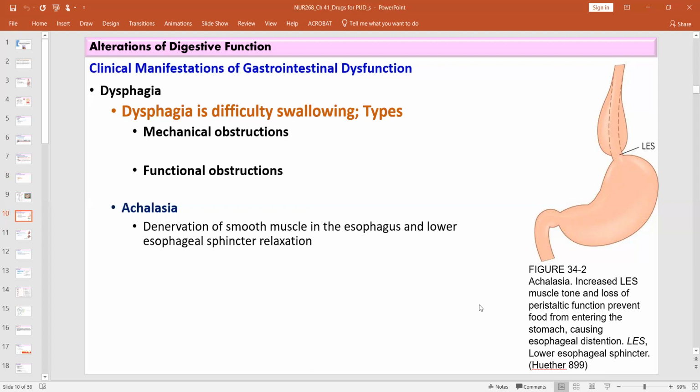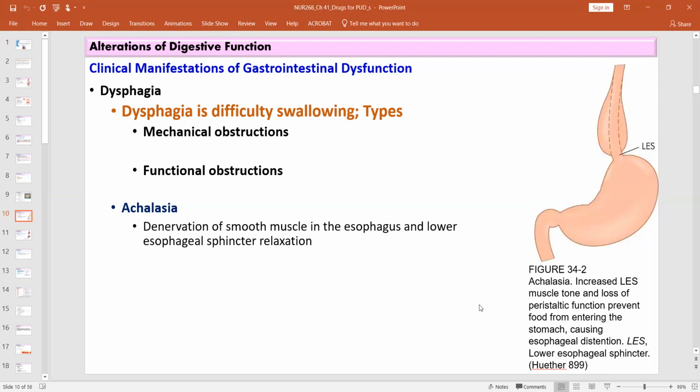The functional is caused by the nervous system, like neural or muscular disorders, for example patients with a CVA, stroke, who develop dysphagia, or Parkinson's disease, and then they develop dysphagia, or achalasia.